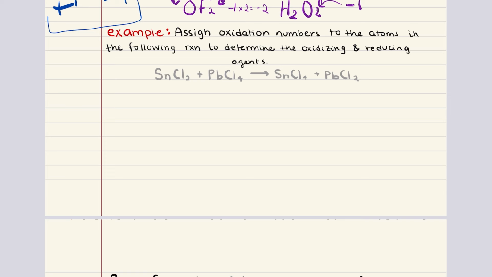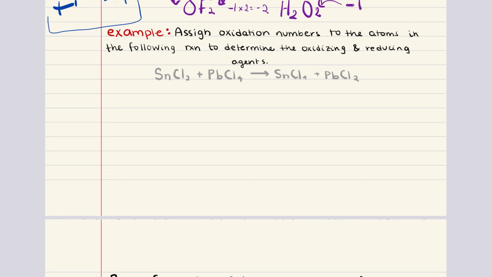Now, this is a neutral compound, so tin is going to have an oxidation state of +2 to ensure that when you add up the oxidation numbers here, they add up to 0 because this is a neutral compound. Again, in this tin(II) chloride, tin has an oxidation number of +2 because there are 2 chlorines present and each chlorine atom has an oxidation number of -1.